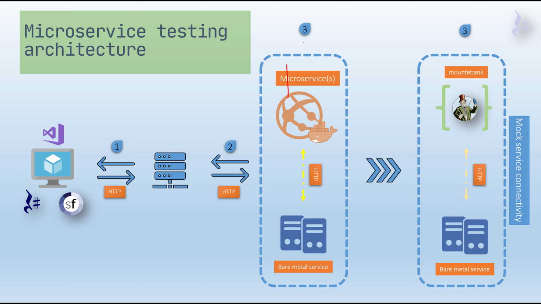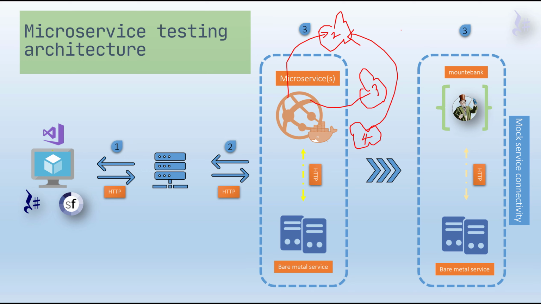So for instance, if this microservice is going to call another service, let's say service number 2, and this is going to call another service number 3, and there is one more service which is completely independent, but this is going to be consumed by service number 2. And if you want service number 4 to be available for service number 2, and if you want to test this whole operation, you need to have all these services up and running for a complete test to happen.